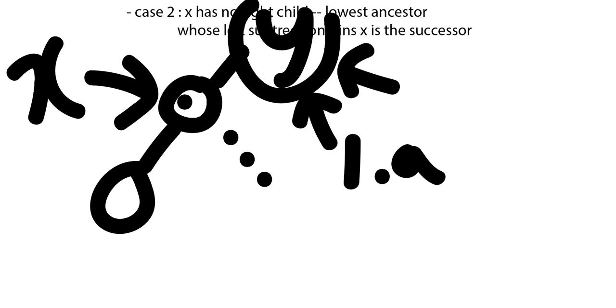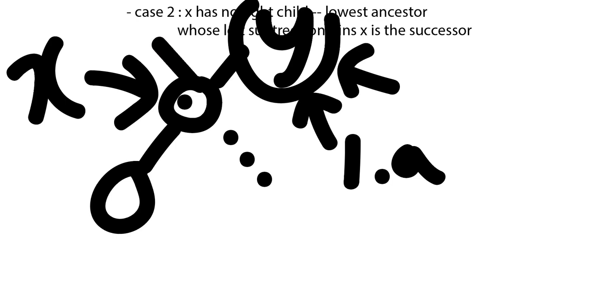So this y is precisely the successor of x, and that y is the node with the smallest key which is also larger than x. Okay, so hopefully you can see that.